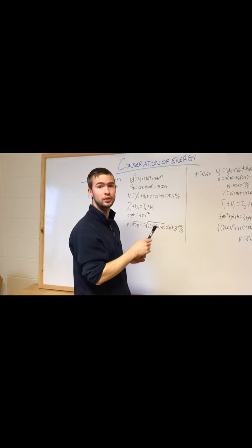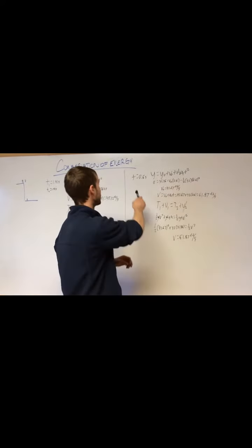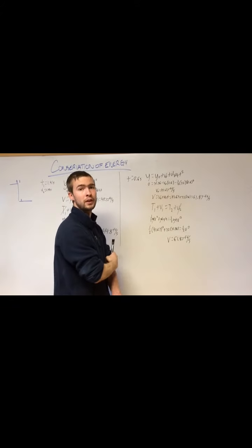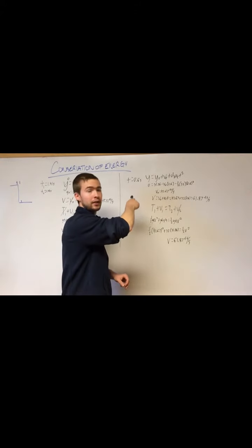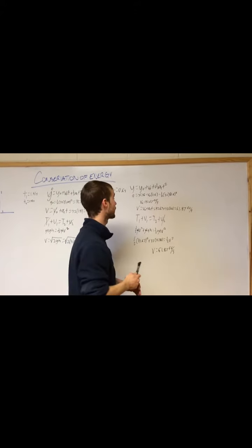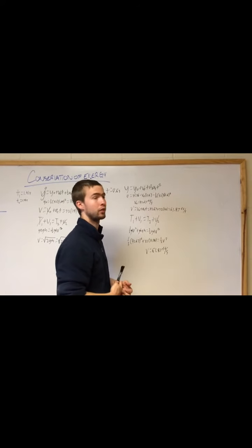For right now, we're going to look at the ball that was thrown down. This time, the time it took the ball to hit the ground was 0.6 seconds. First we're going to find the initial velocity at which this was thrown.